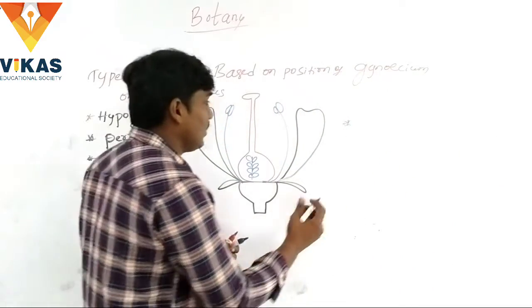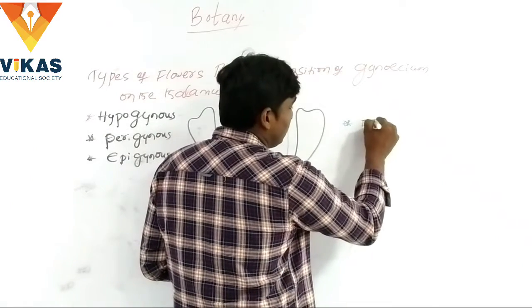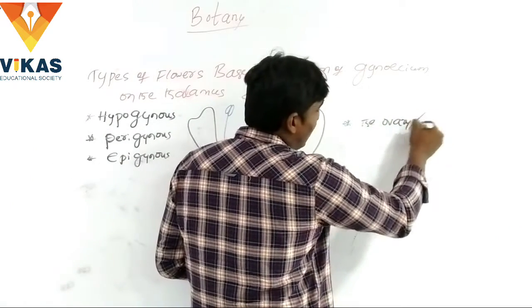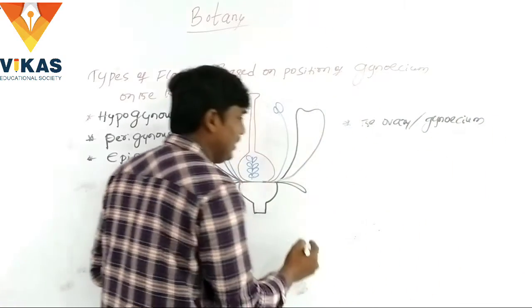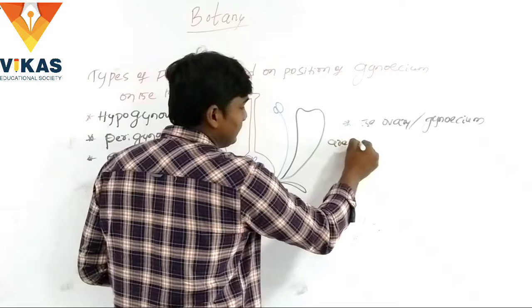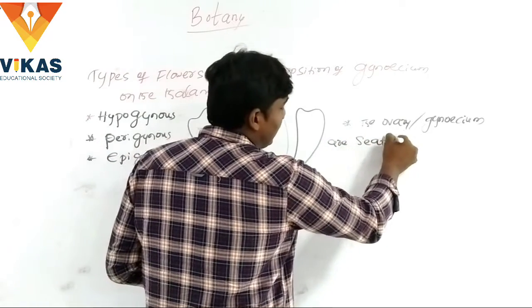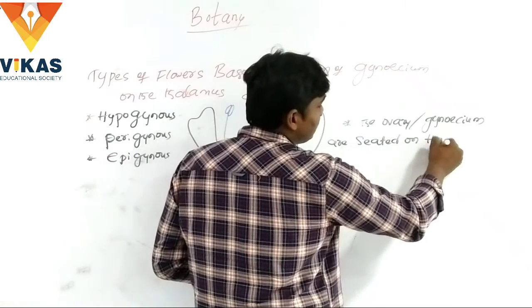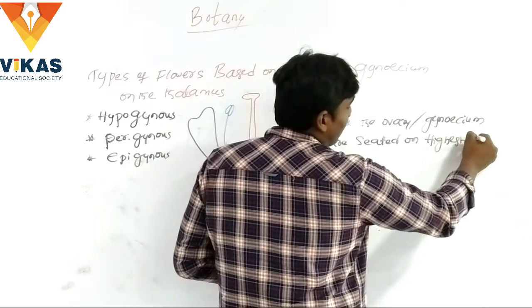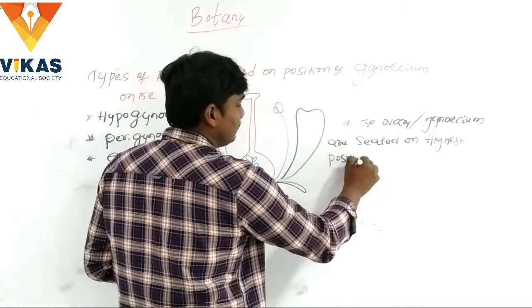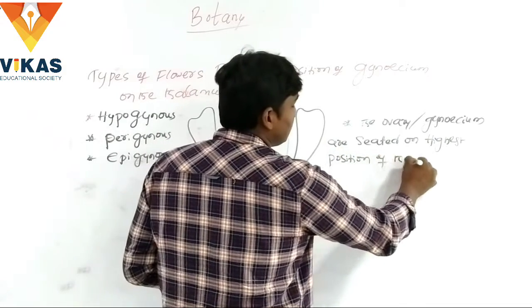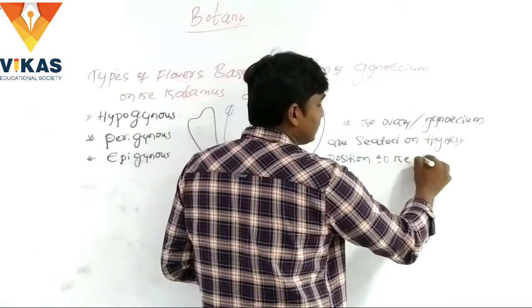Here the ovary or gynoecium is seated on the highest position of the thalamus.